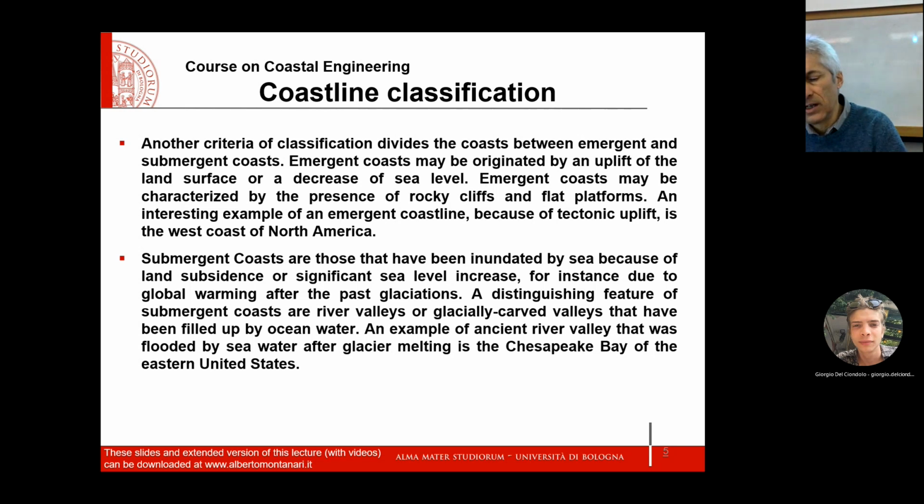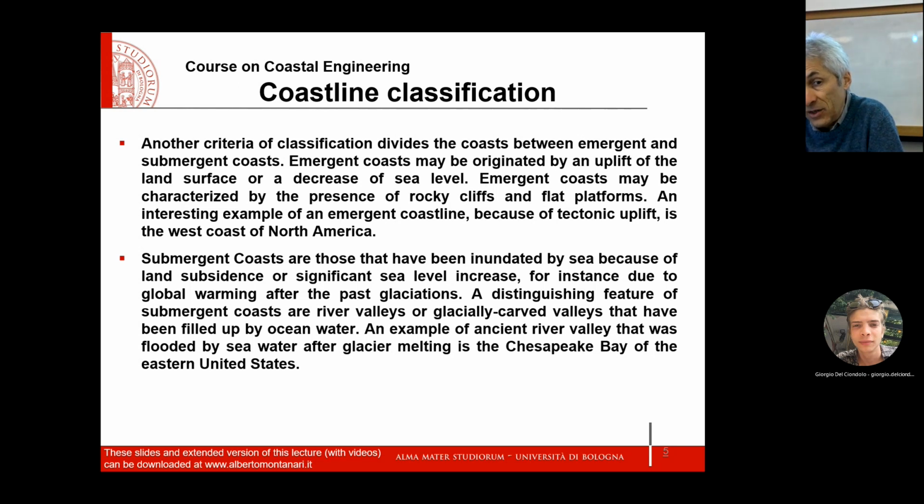Okay, sorry, student. And you have to think at the sea bottom, the shape of the sea bottom, because indeed the emergent coast was previously a sea bottom that emerged. The submergent coasts instead are created by a raise of the sea level or land subsidence.